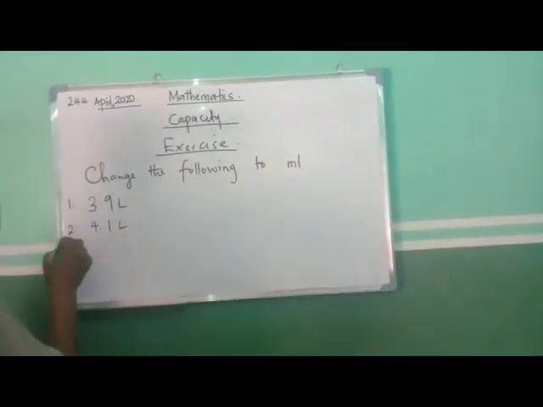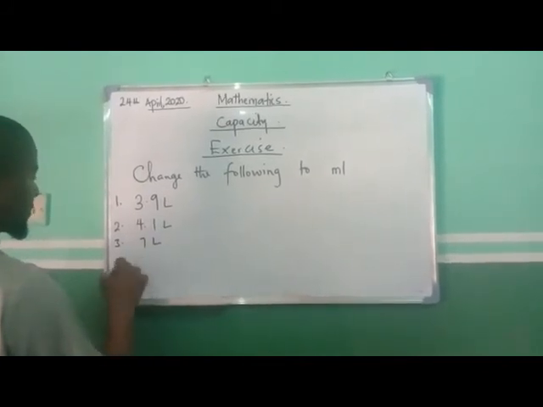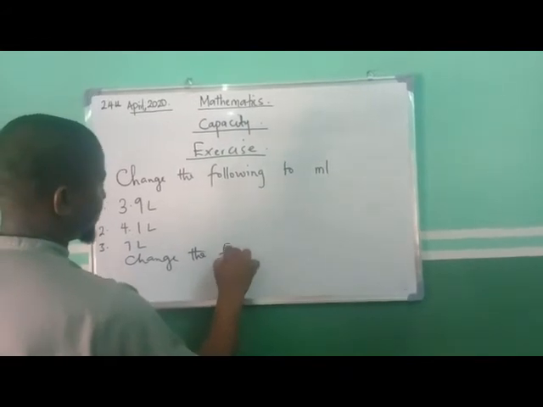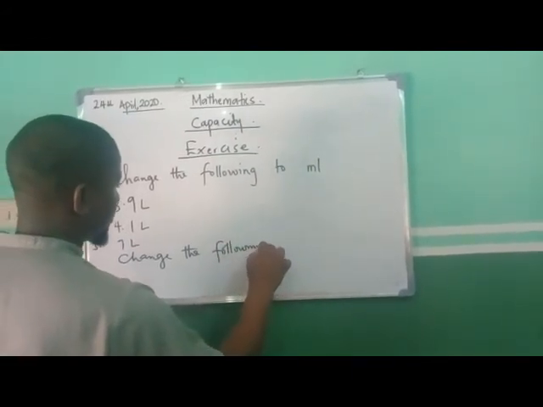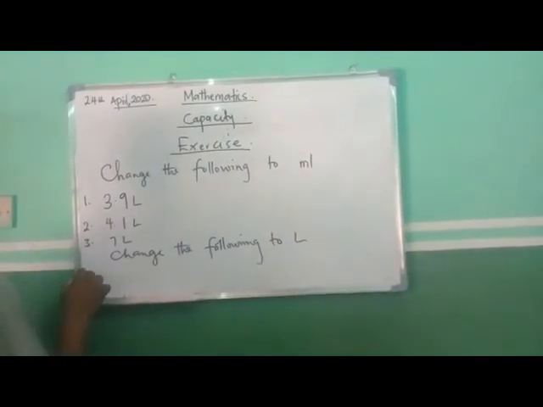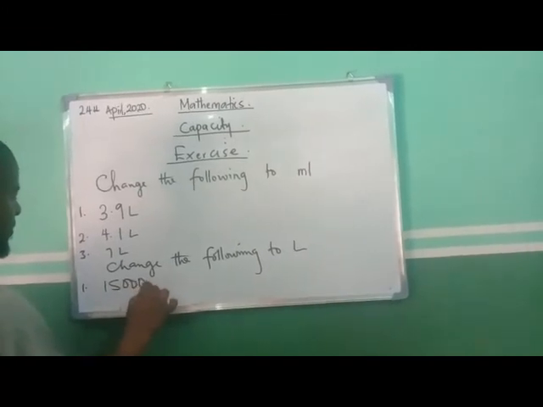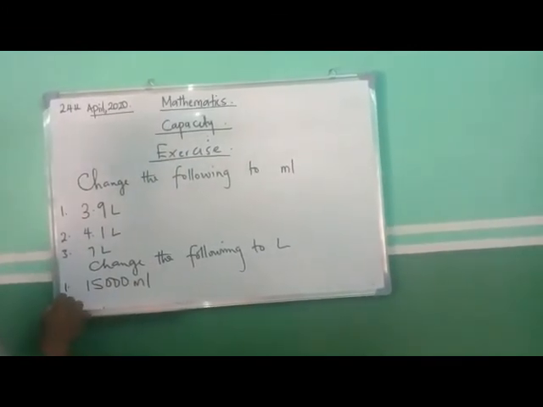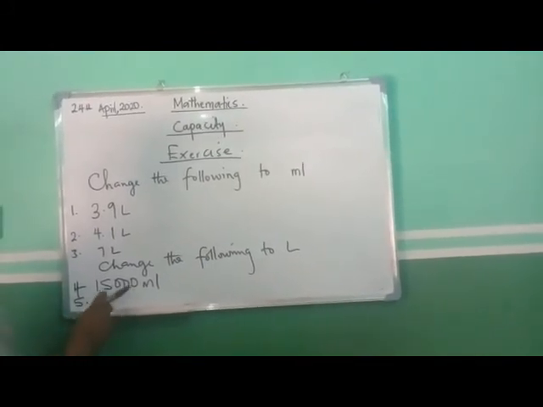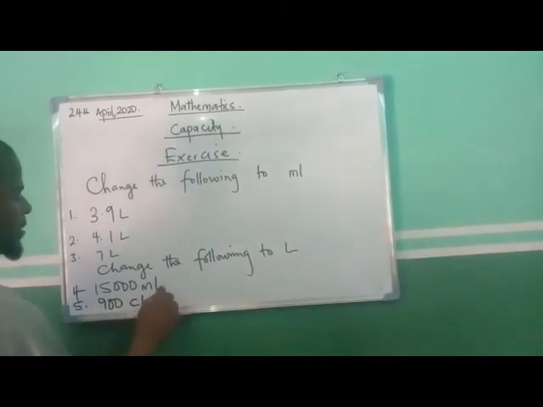Okay? 3, 7 liters. Then we also have, change the following to liters. We have number 4, 15,000 mils. Then number 5, we can say 900 cl.